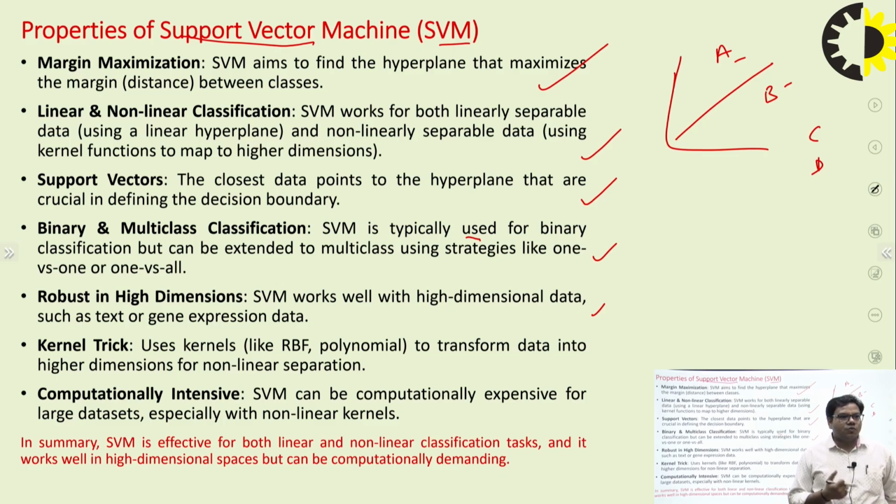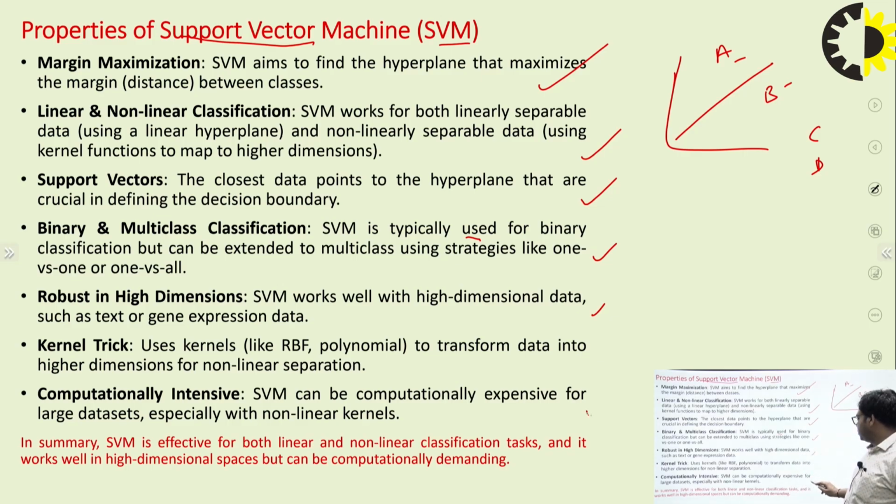We can choose as per our input data, and as per the problem we are going to solve using this machine learning technique. So we can choose any kernel out of the various kernels available.